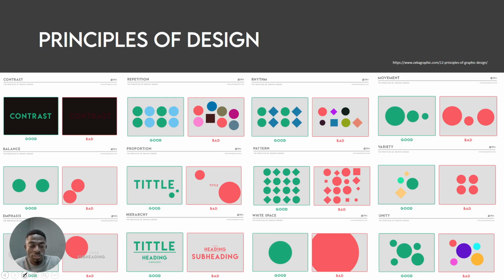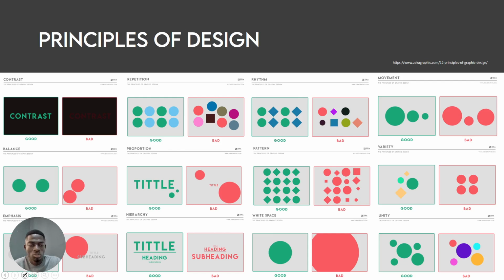So in designing, you would want to achieve balance at the end of the day. Now, if you didn't listen to anything, please take this slide very seriously. Why? Because this is what would help us master good design.